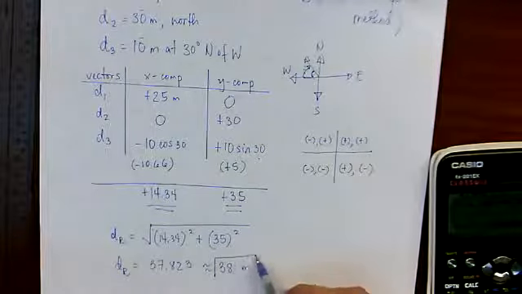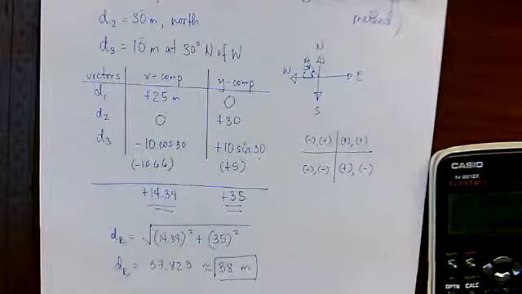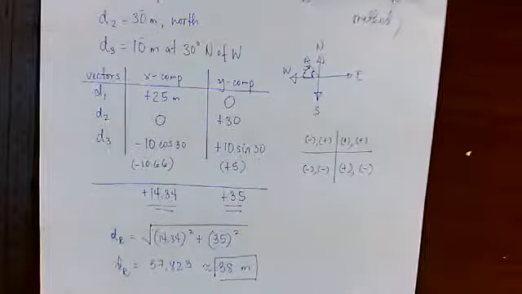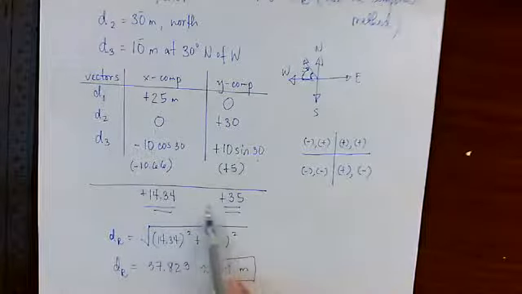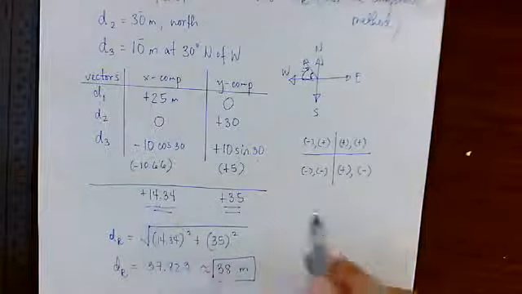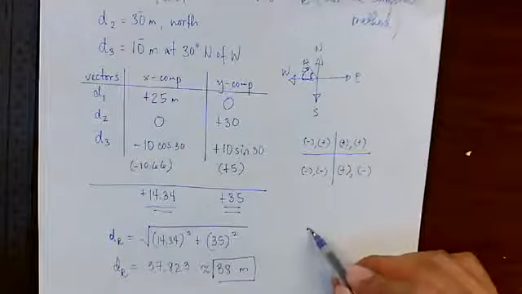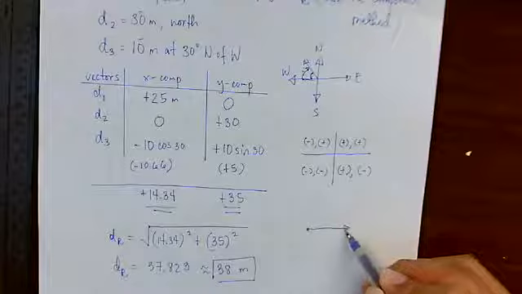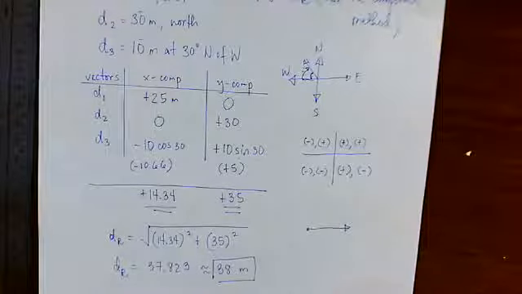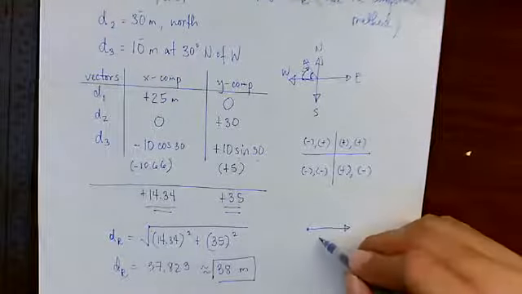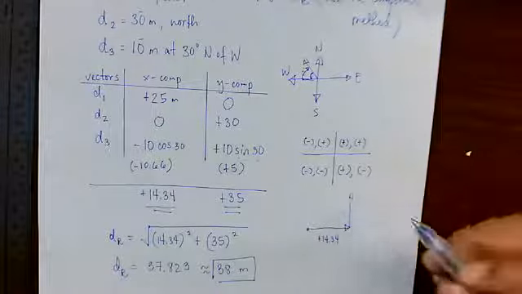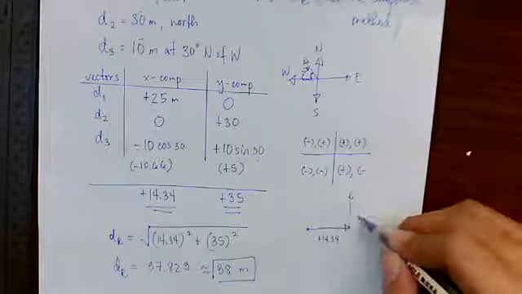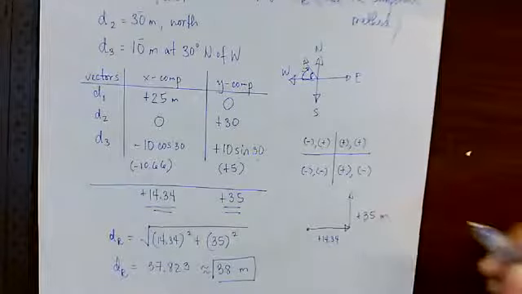Now we have the magnitude. We have to look for the direction. How do we find the direction? Our basis would be these two vectors here. The X component goes in the positive direction, positive 14.34, and it goes up. Remember, this is just an estimate drawing, and it goes up 35 meters.